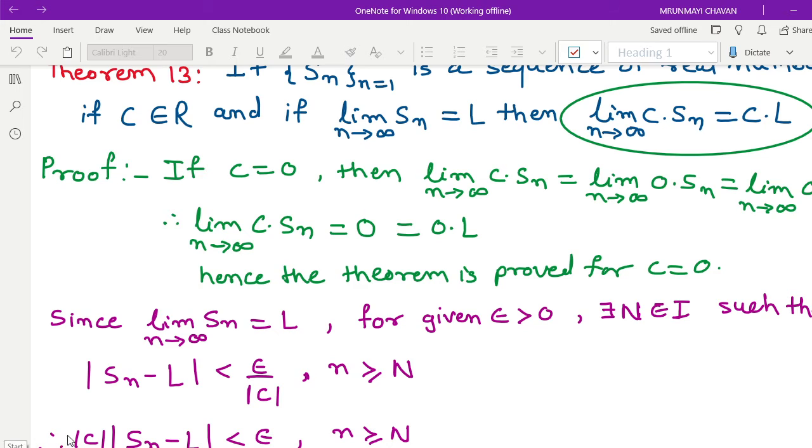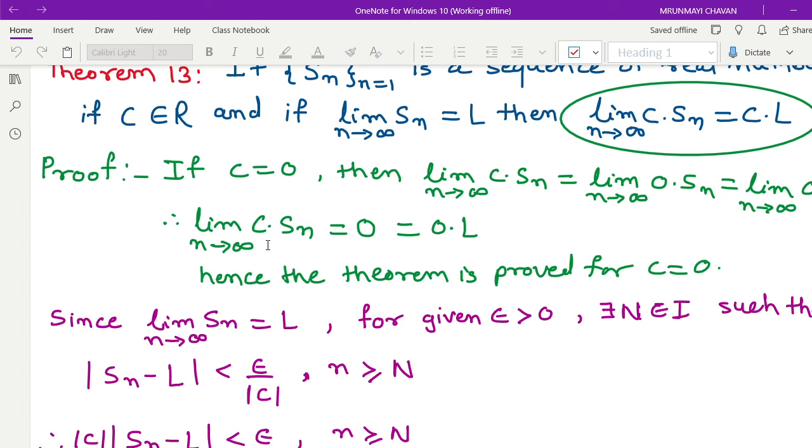So this is a very simple proof. At the start we take the first value C equal to 0, because this is a special value and we have to prove it for that. So the limit of C into Sn as n tends to infinity, with C equal to 0, is the limit of 0 into Sn, which is the limit of 0, and the limit of 0 is 0. Any number remains as it is since it does not contain n, therefore the limit of 0 is equal to 0.